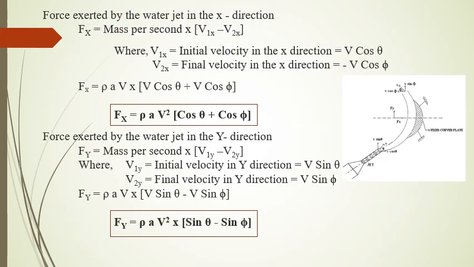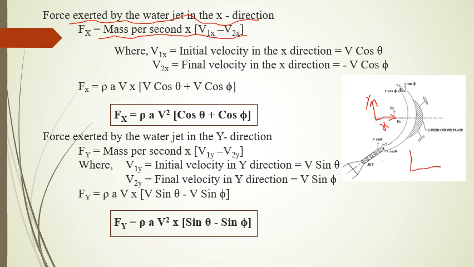Now, the force exerted by the water jet in x direction. Here, in the direction of jet, we have to find the force in the direction of jet. This is y perpendicular to the direction of jet, and this is x in the direction of jet. So Fx equal to mass per time into initial velocity in x direction minus final velocity in x direction. Here initial velocity is at inlet.